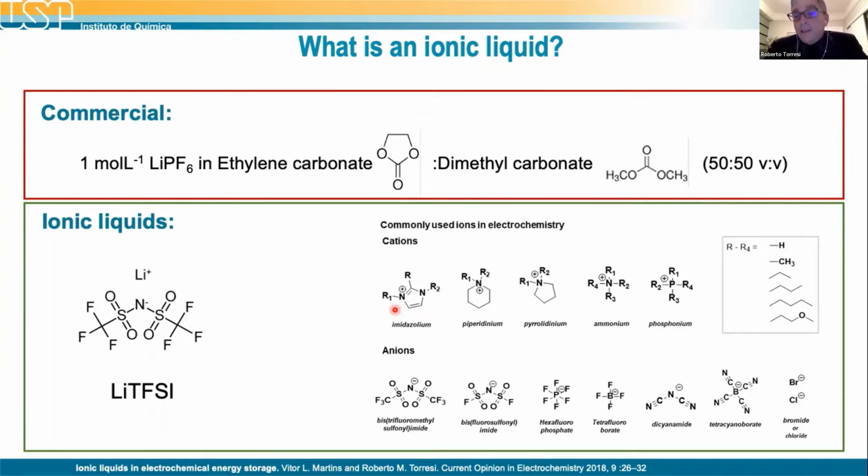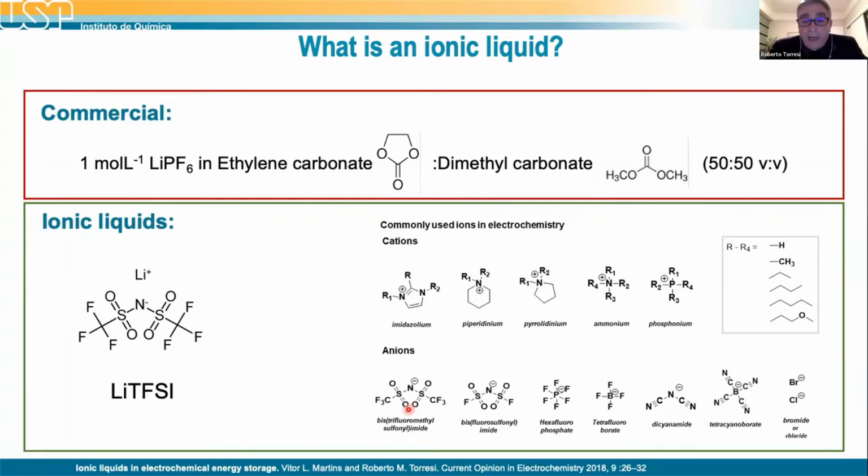Of course, you can have an ionic liquid with sodium chloride, but this is at 800 degrees centigrade. The important thing of ionic liquid is that you have big families of different cations, like imidazolium, piperidinium, pyrrolidinium, and you can also change the substituent in this cation, so the family is really big.